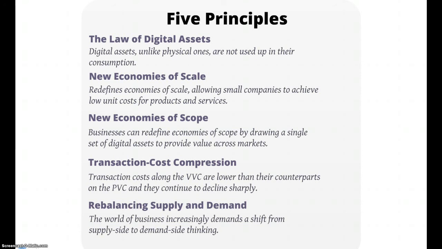New economies of scope. Businesses can redefine economies of scope by drawing on a single set of digital assets to provide value across markets. Transaction cost compression. Transaction costs along the virtual value chain are lower than their counterparts on the physical value chain, and they continue to decline sharply.